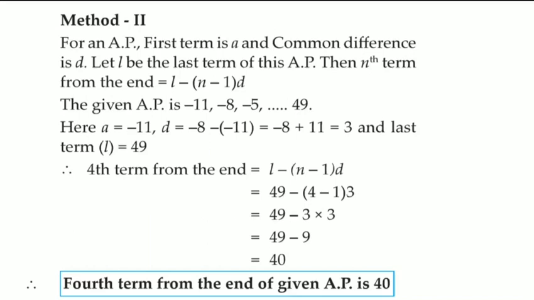Then we can modify the formula of Tn to find out the nth term from the end. And the formula will be L minus (n minus 1) outside the bracket D.